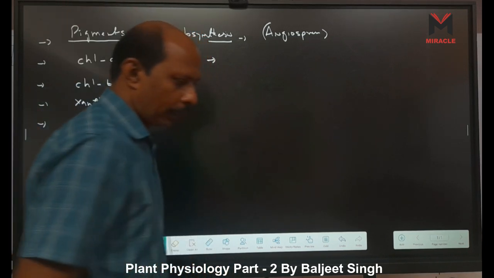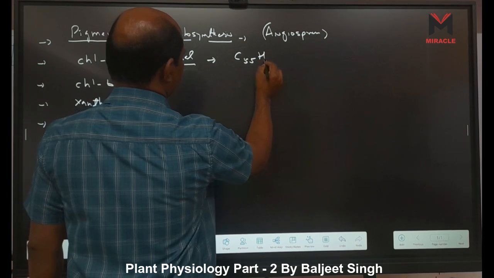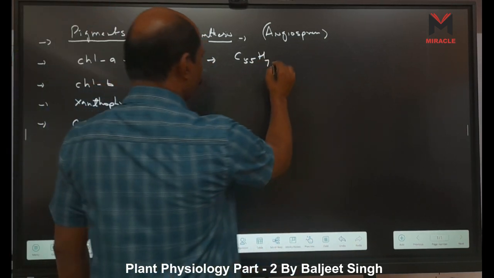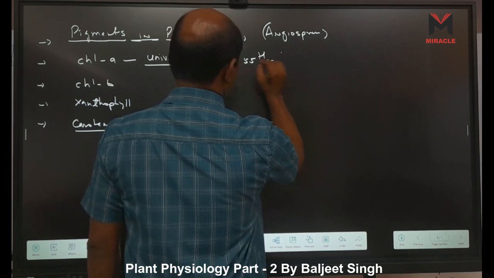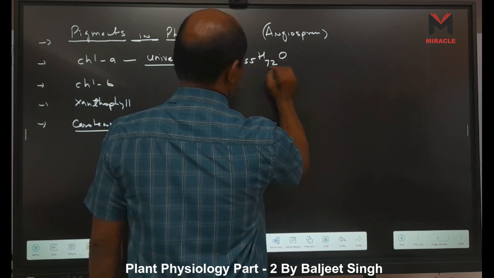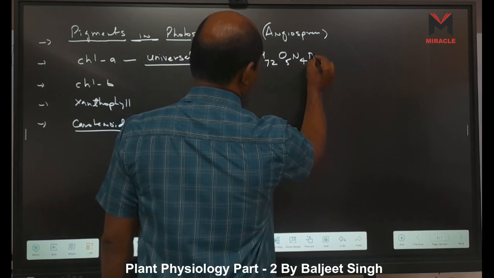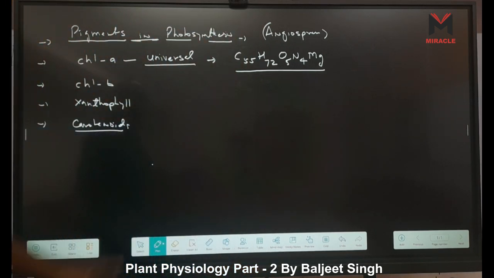Its chemical formula is C55H72O5N4Mg. This is the chemical formula of our chlorophyll A.